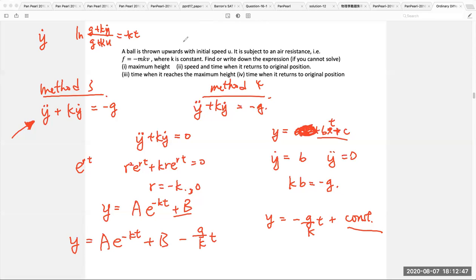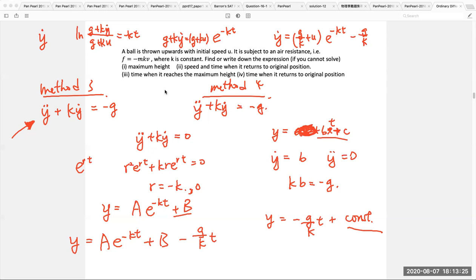You take the natural log on both sides, and y dot will equal (g over k plus u) times this one, minus g over k.